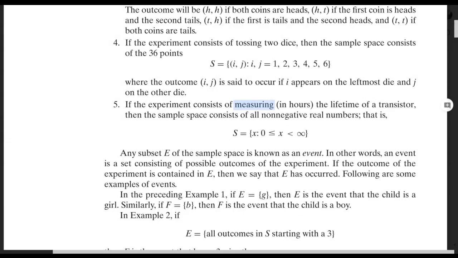We can count 1, 2, 3, 4, 5. But like time, we cannot count, so we measure. Like a human's height, we cannot count, we measure. Like a person's weight, we cannot count, so we measure.